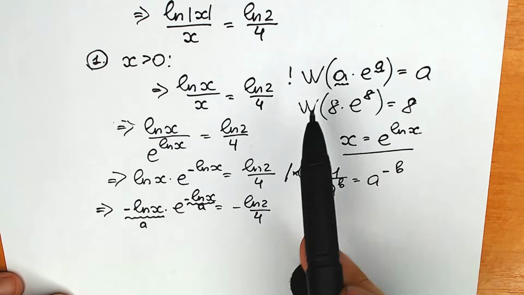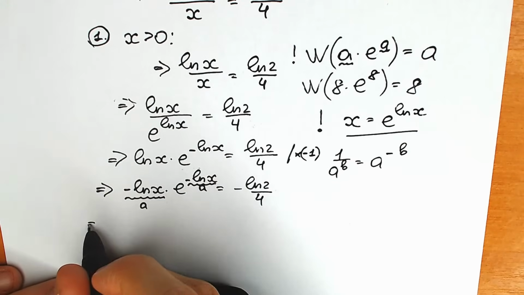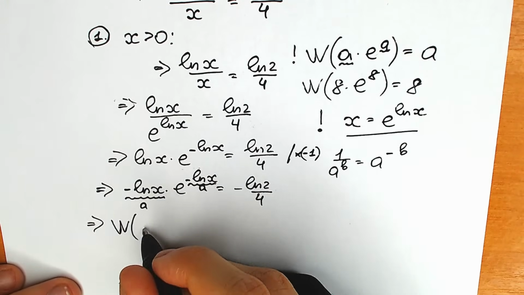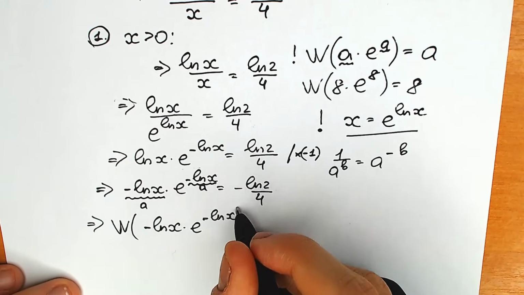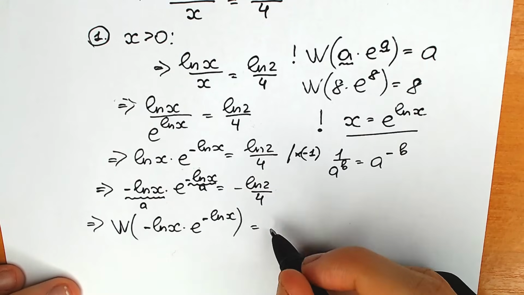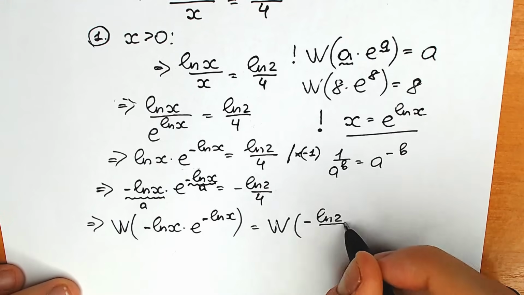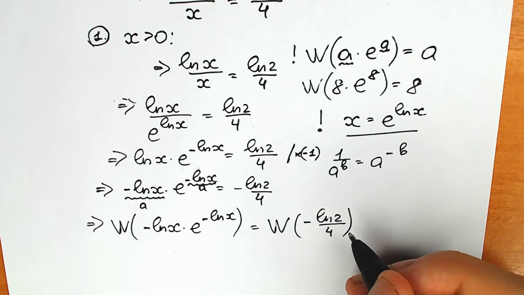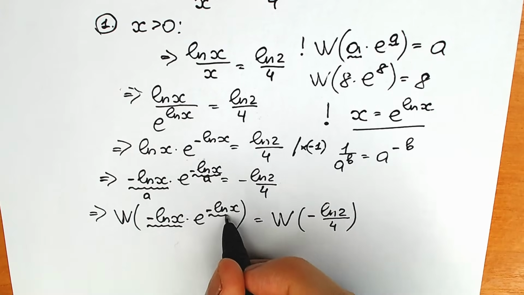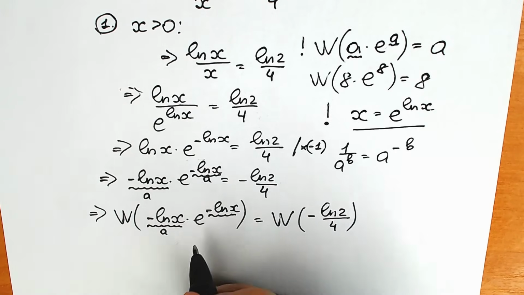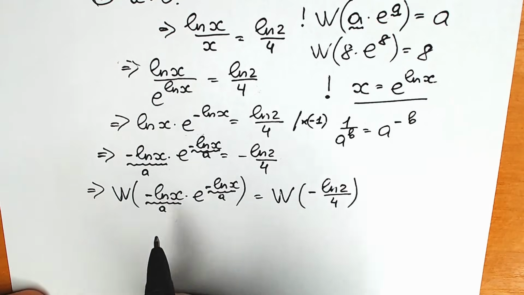We have this main property, and we can easily use it right now because we have something common with this formula. So as a result, we have Lambert W function of minus natural log x times e to the power minus natural log x, equal to, but don't forget about the right side, because we need to apply the Lambert W function on both sides, Lambert W function of minus natural log 2 over 4. When we apply the Lambert W function to a times e to the power a, we have only our a, and a is equal to minus natural log x.